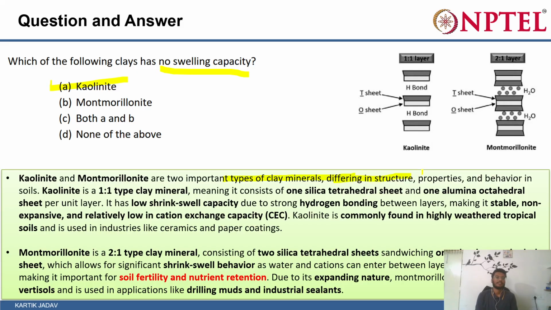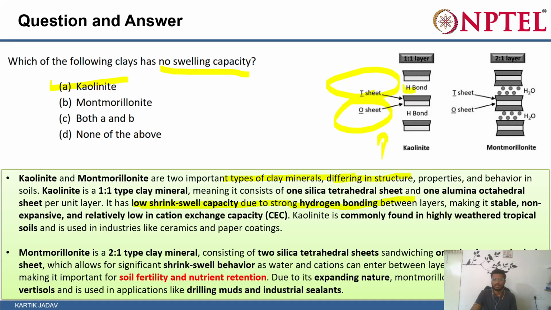Kaolinite is a 1:1 type of clay mineral, meaning it consists of one silica tetrahedral sheet and one alumina octahedral sheet, as you can see in the kaolinite structure. It has a low shrink-swell capacity due to strong hydrogen bonds between layers, making it stable, non-expansive, and relatively low in cation exchange capacity.